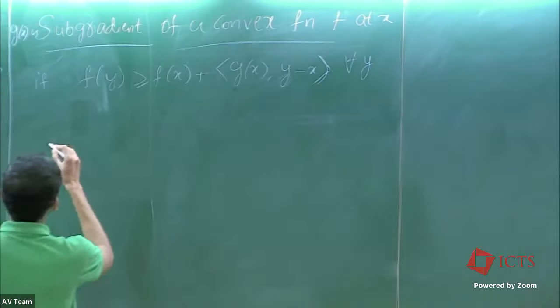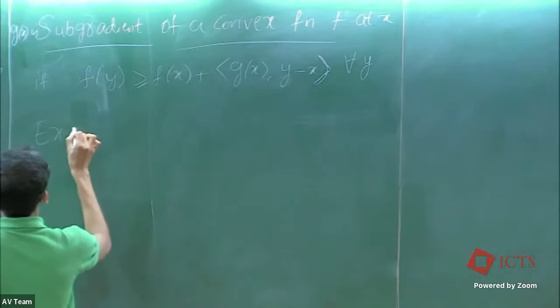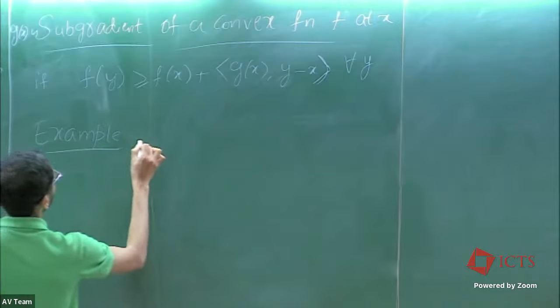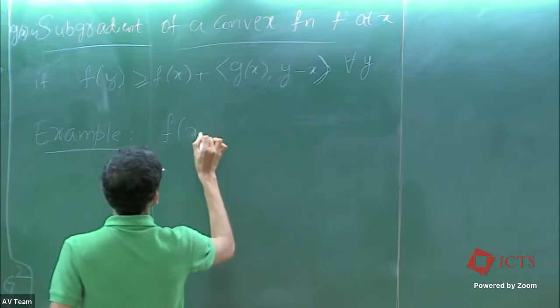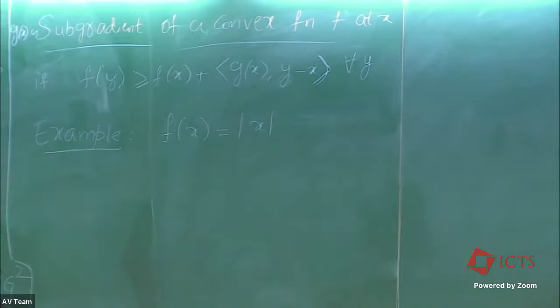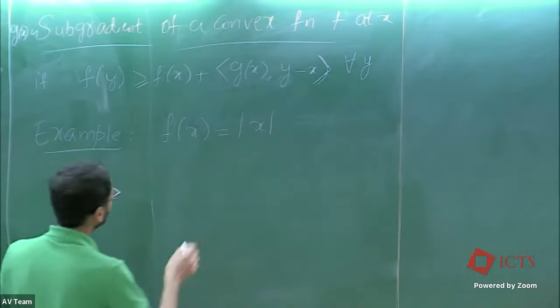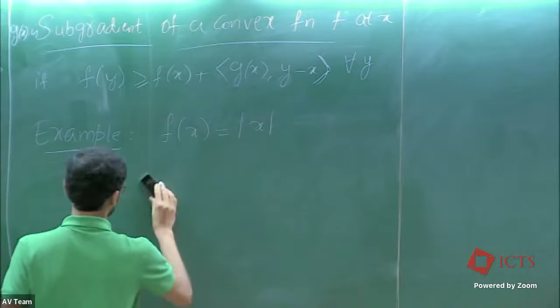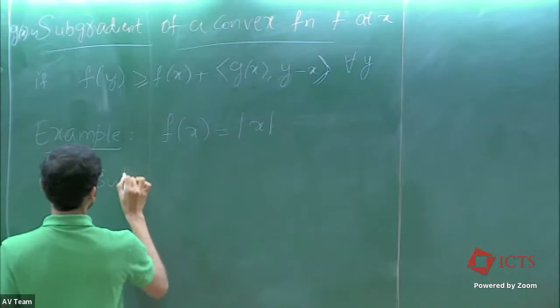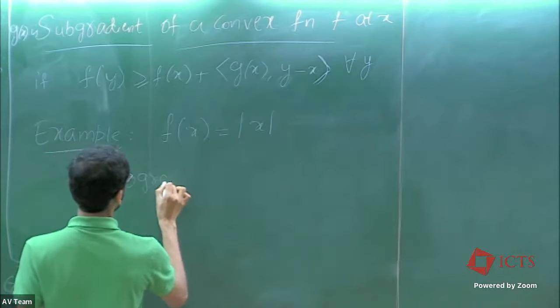A simple example is the following: f of x equal to mod x. For this, subgradients are defined as follows.